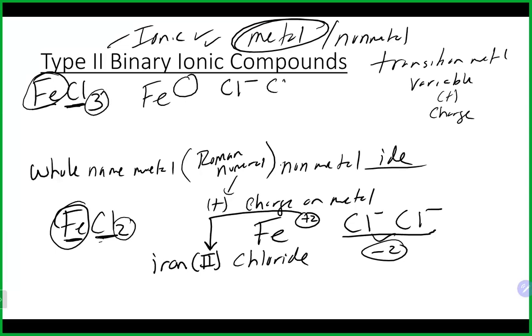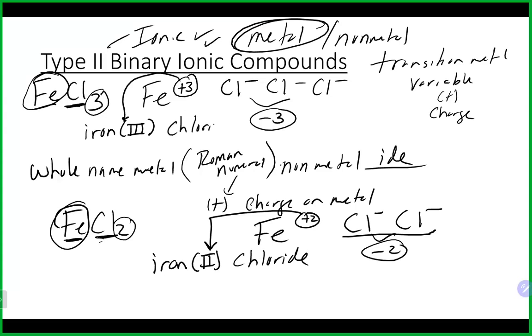We have 3 of them, which gives us a -3 overall charge. In this case, the iron is actually going with what type of positive charge? +3 to balance it out. So not the +2 in this case. And that is why when we name this guy, this would be iron Roman numeral 3 for the charge, and this would still be chloride.